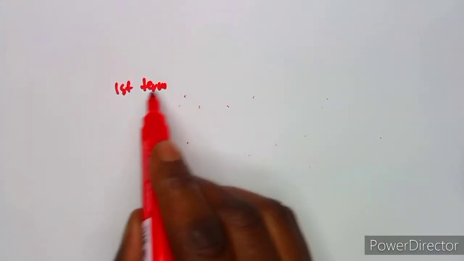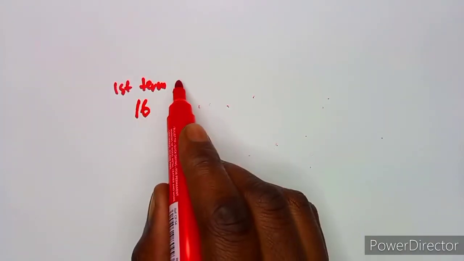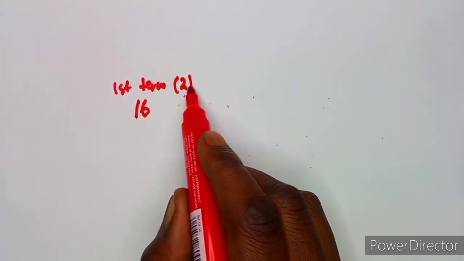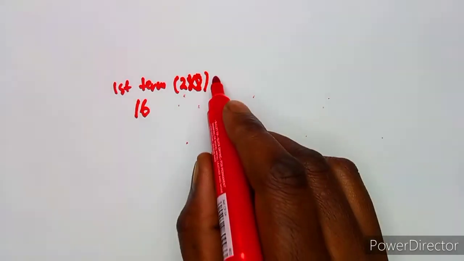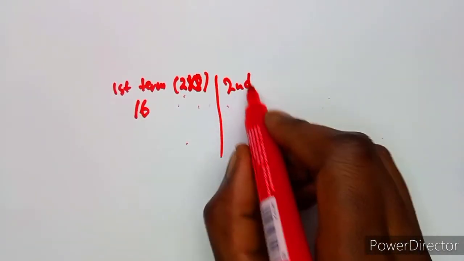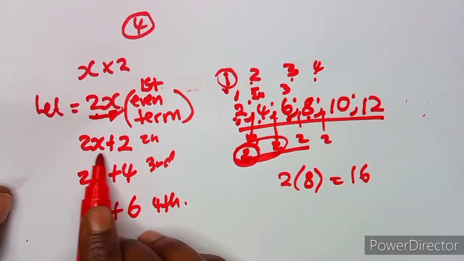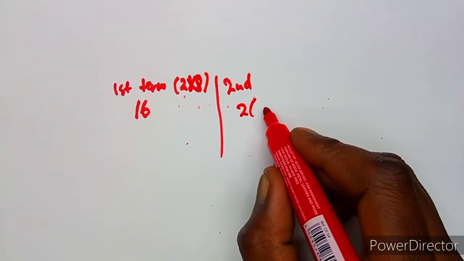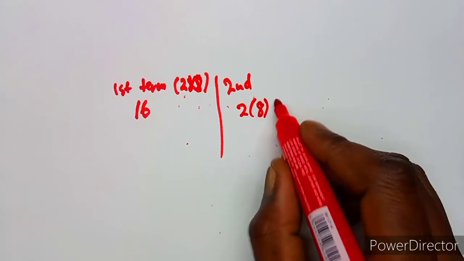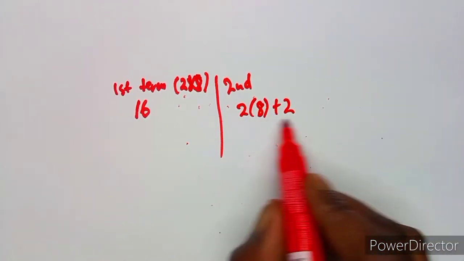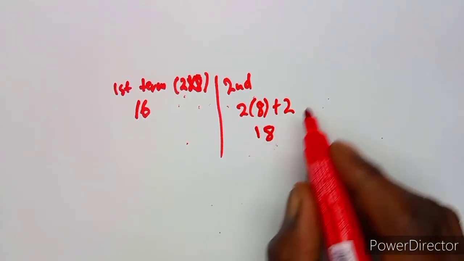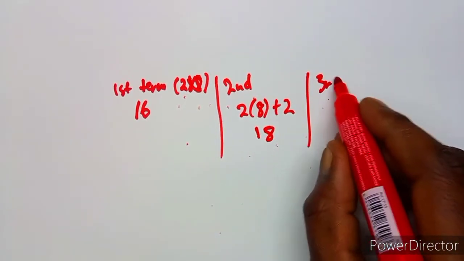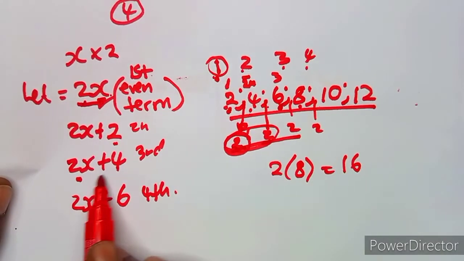So we are going to have 16. Then the second term is going to be 2x plus 2. So it's going to be 2 into 8 plus 2. But already this is 16 plus 2, guys, which is going to give us 18. Then we've got the third term, which is 2x plus 4.